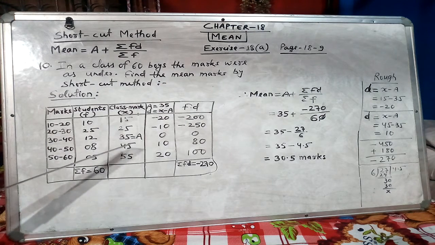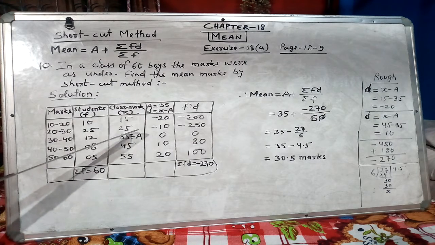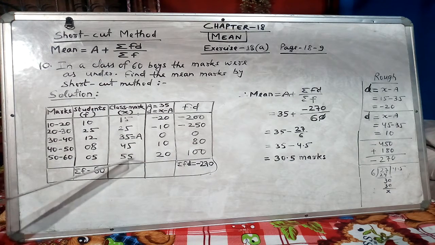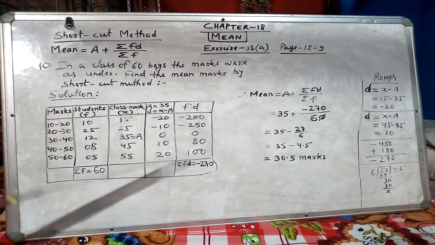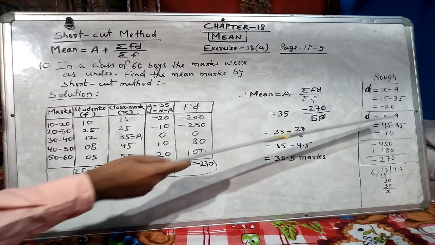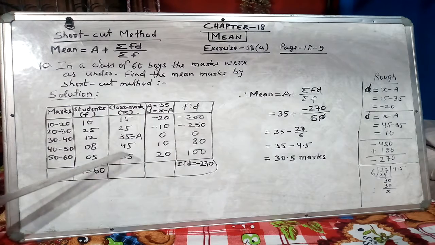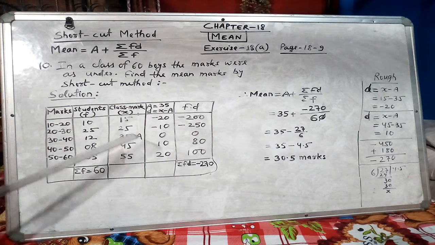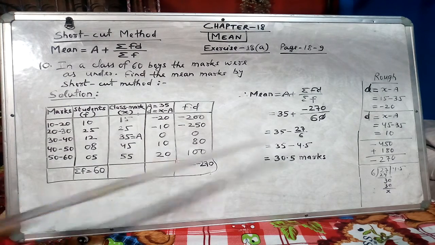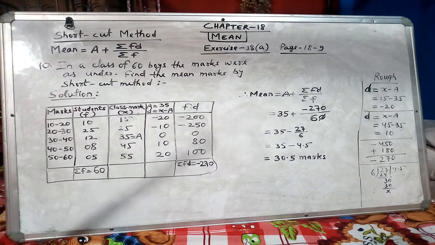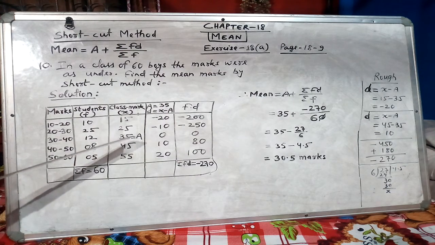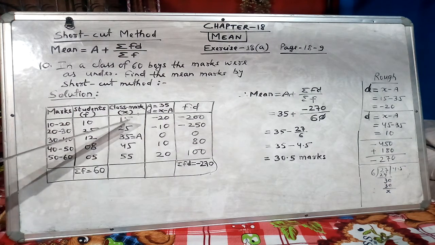Now 45 minus 35 is 10, and 55 minus 35 is 20. I have done this in the rough too: x minus a is d, so 45 minus 35 equals 10, and that 10 I wrote here. So we have to subtract a from x and write the answers.